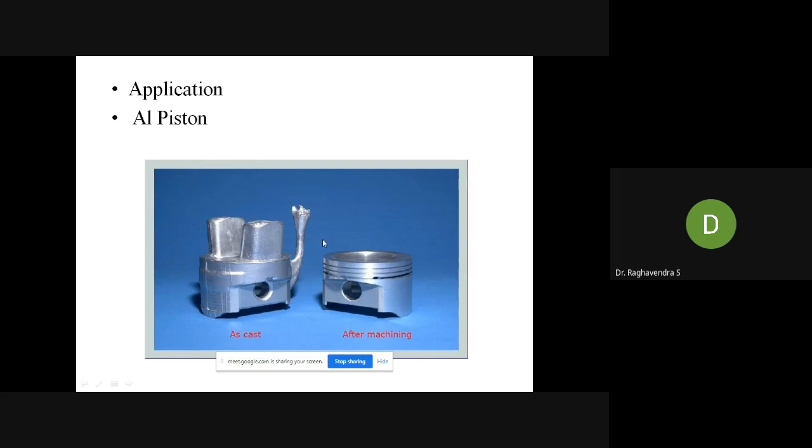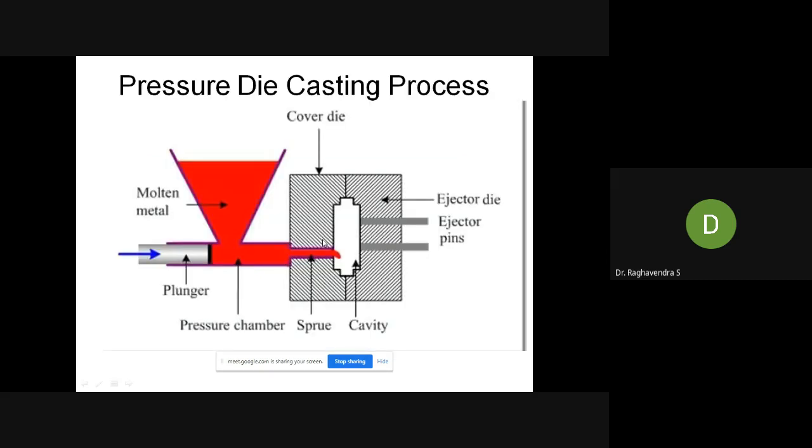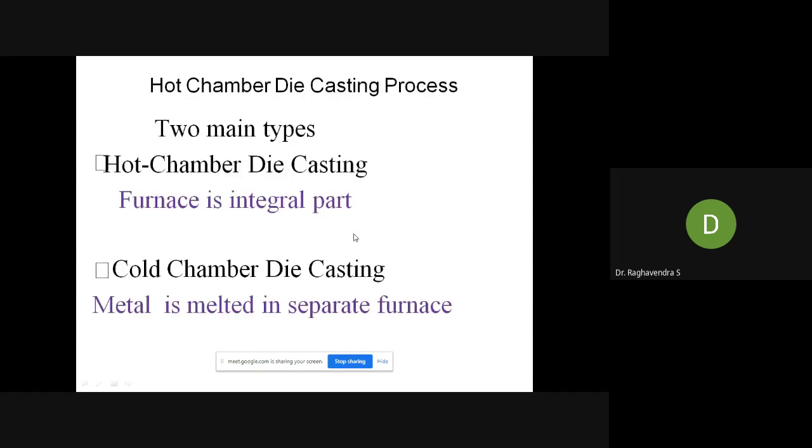Next is pressure die casting. As I told, the molten metal is pressurized through an external plunger, piston, or some other external pressure device. This will push the red-colored molten metal to flow inside the mold, and after solidification they will remove it. There are two types of process: hot chamber and cold chamber.